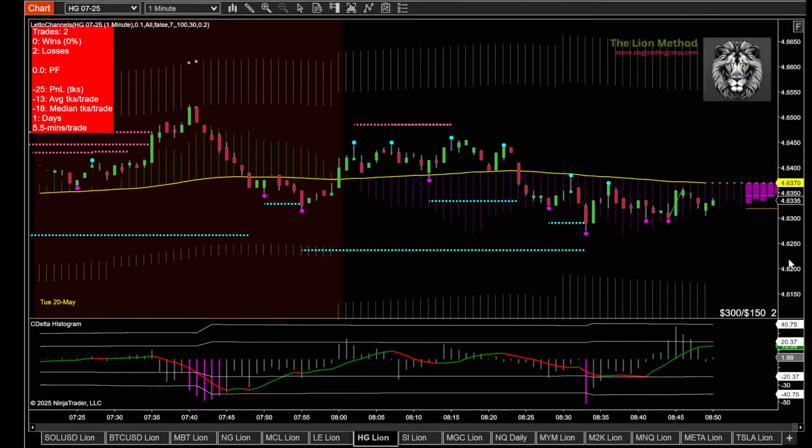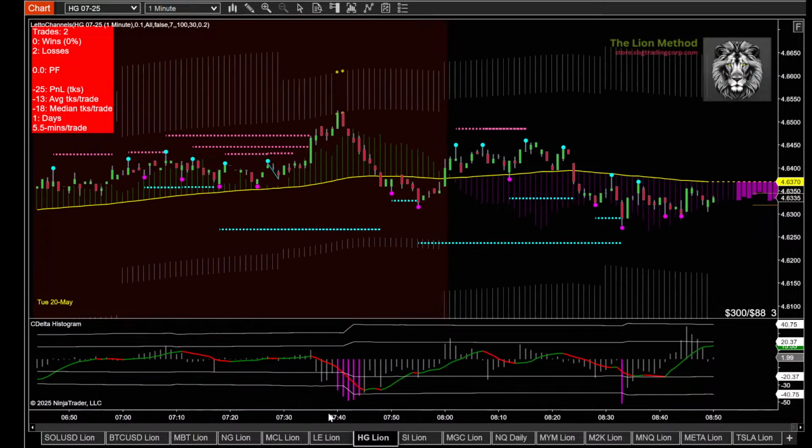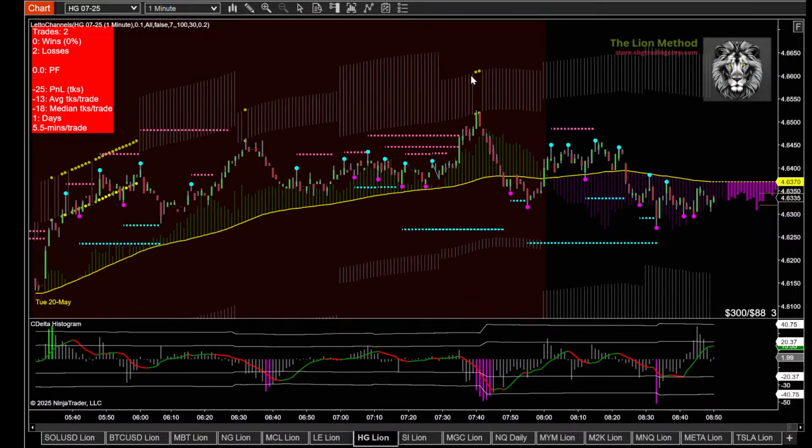That is easily identified by these yellow dots. These yellow dots show when we have hit these bands. These vertical pinstripe bands are overbought up here and oversold down here, and they're centered around this yellow line, a 100-period average. When we touch the upper bands, that is overbought, and when we touch the lower bands, it's oversold.